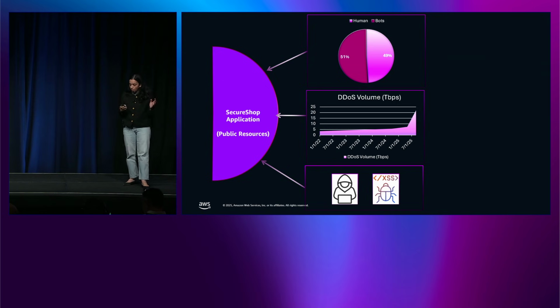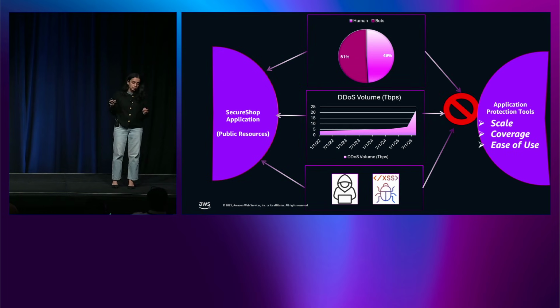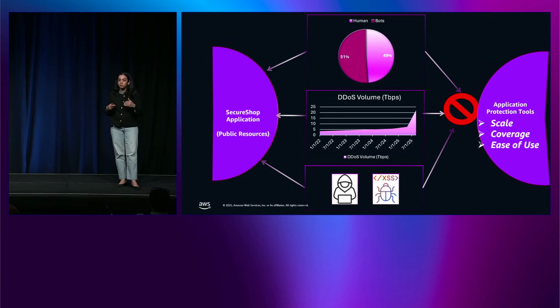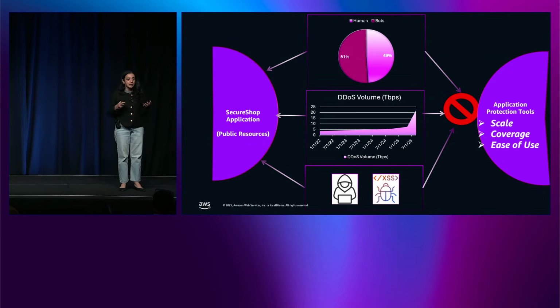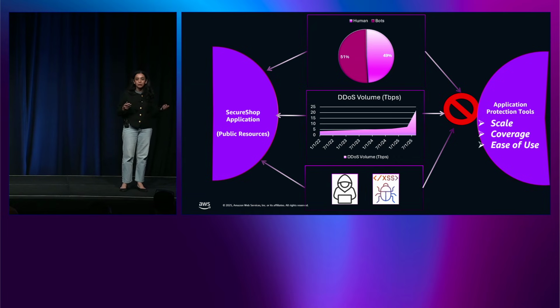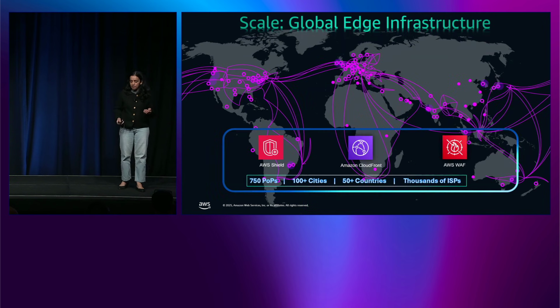All of these things are top of mind for Secure Shop, and they want an application security tool that has the scale to prevent the attacks, has the coverage to prevent different types of attacks, and is easy to use. Not every application builder is a security expert, and there's no need for them to be so. So how do we solve for this?